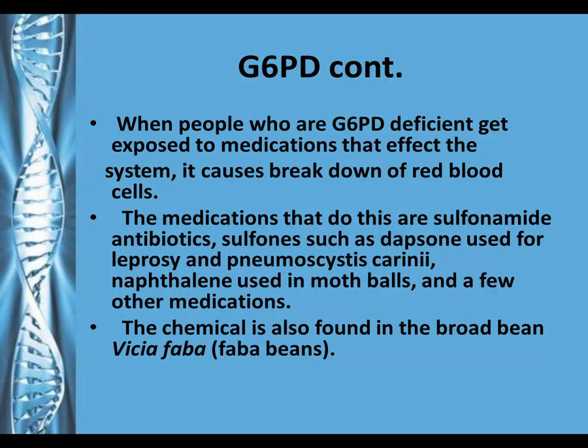Medications that do this are sulfonamide antibiotics, a drug called dapsone, which is used for leprosy, and sulfones, which are also used for Pneumocystis pneumonia, a type of pneumonia that is mainly seen in AIDS patients, and also from this chemical that's used in making mothballs that people put in their closet, which is why they're toxic, and there are other medications. But the chemical is also found in fava beans.